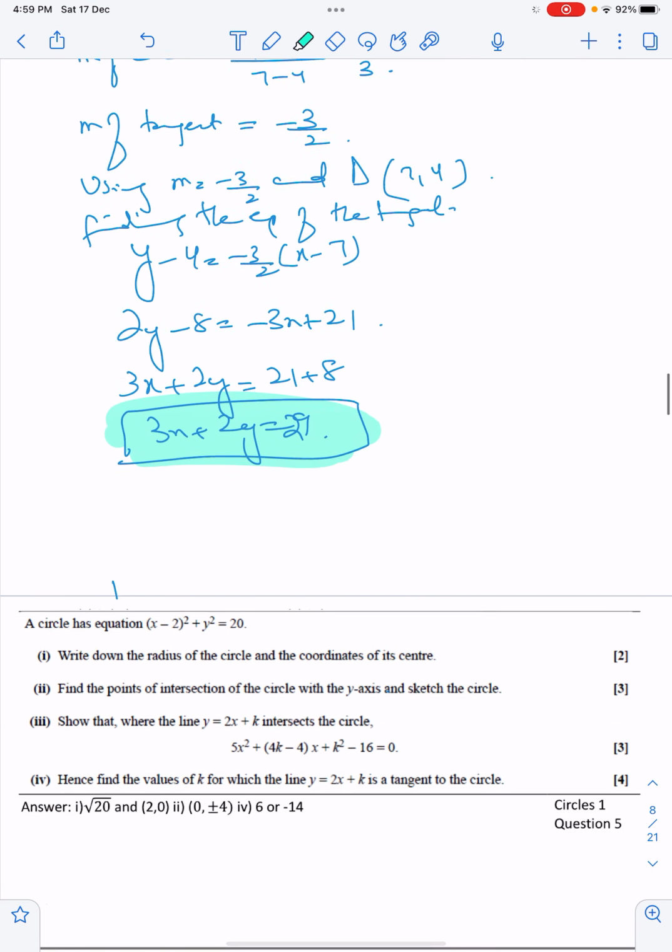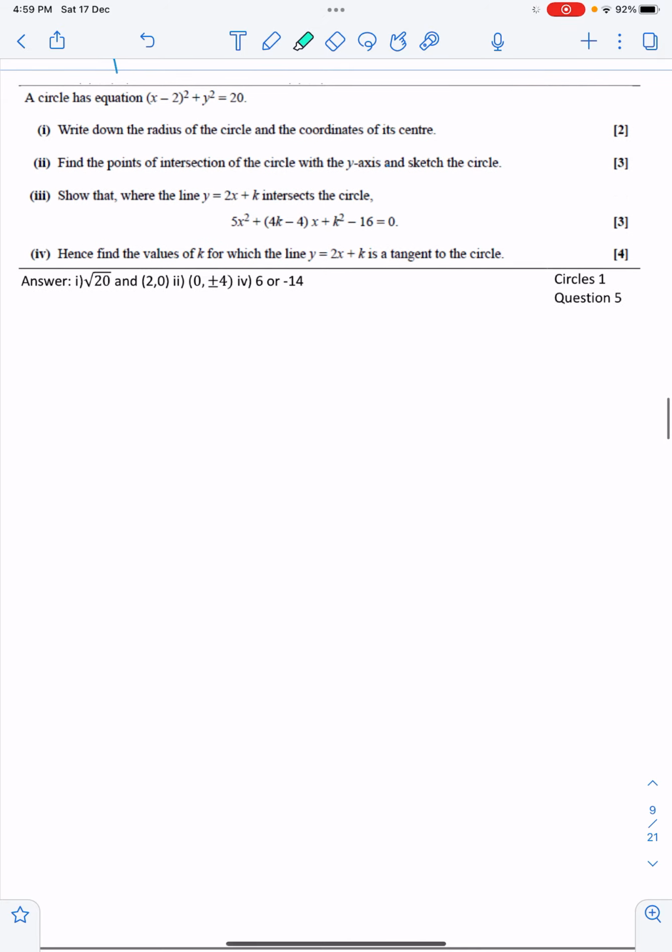Moving on to the next question. It says a curve has this equation. Write down the radius of the circle and the coordinates of its center. Radius of the circle is square root of 20, obviously. The coordinates of the center are (2, 0).